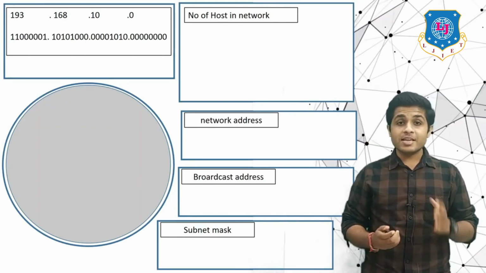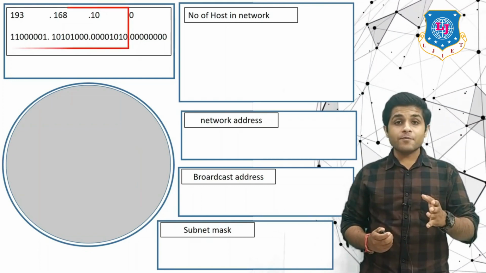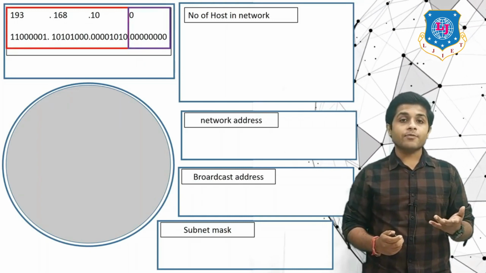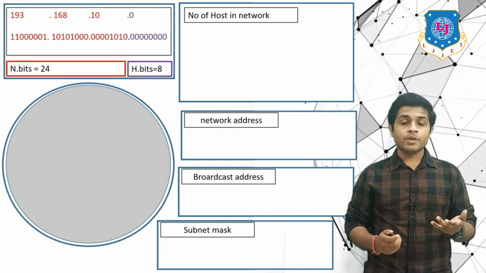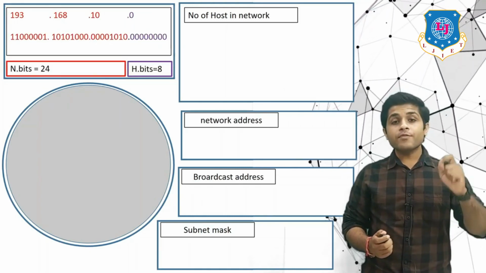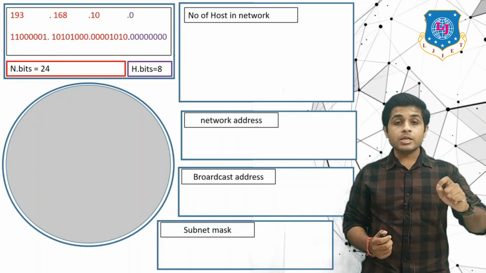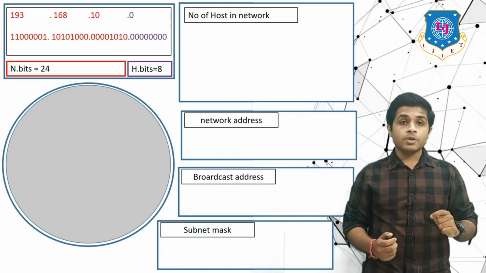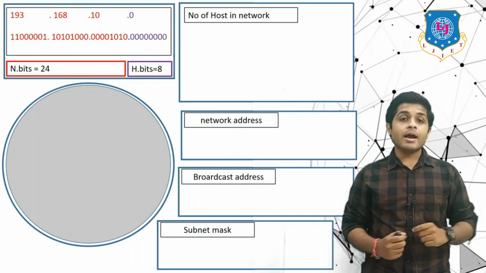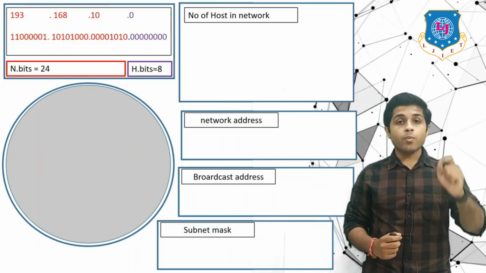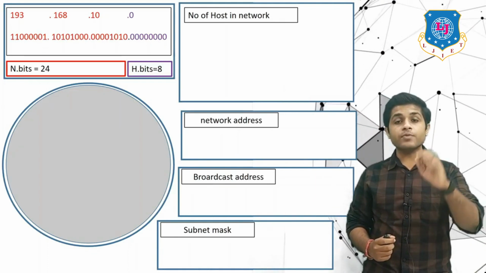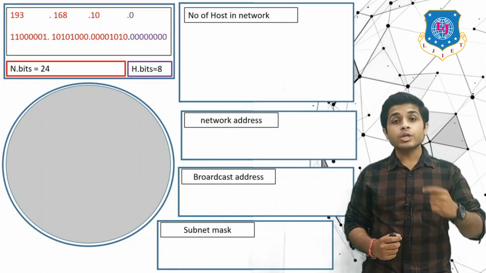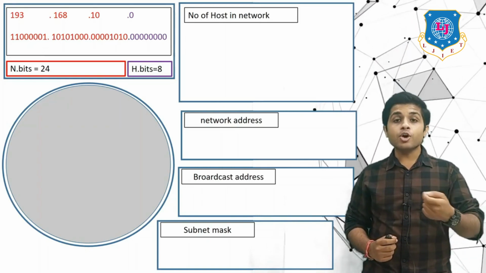We know that in class C, the first 24 bits are for network and the 8 bits are for host. The value of the network bits remains constant throughout the network. So in this network, 193.168.10 will remain fixed, and the value of the host will keep changing as the host changes.